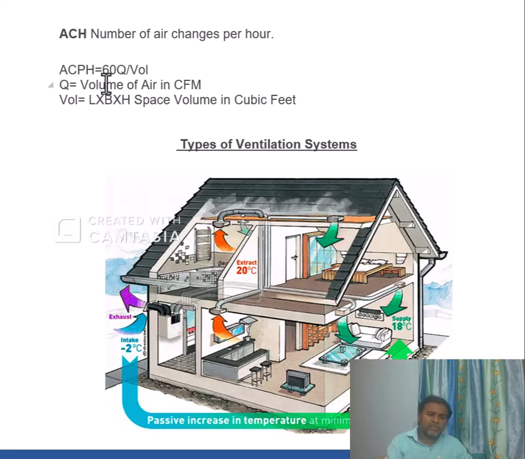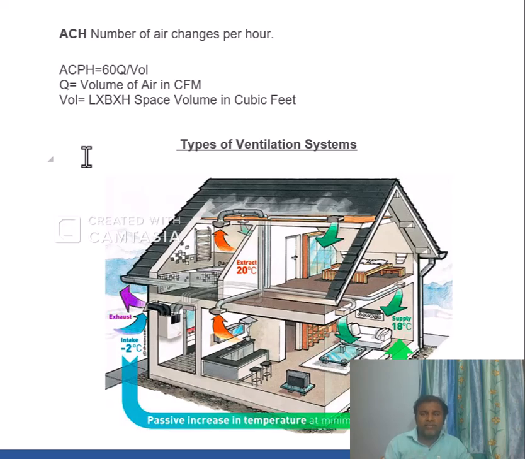Another term is ACH, the number of air changes per hour. ACH, or ACPH, air changes per hour, is equal to 60 Q by volume. This is an important formula to find air changes inside a room.